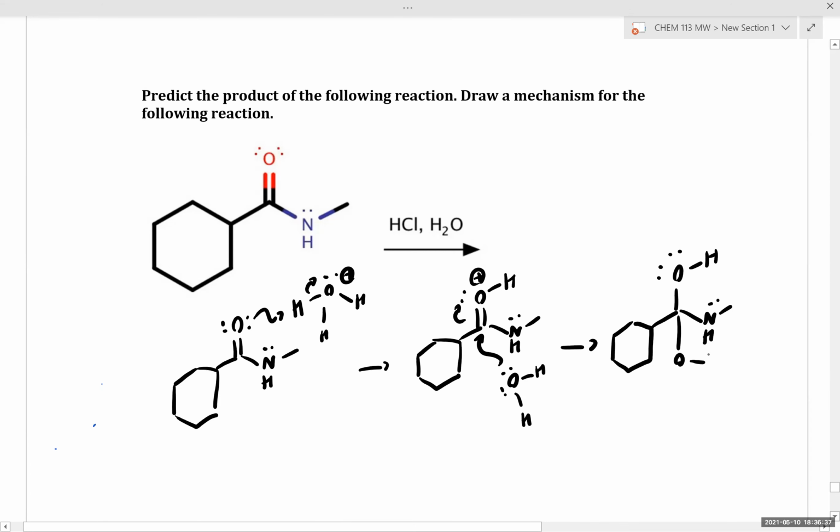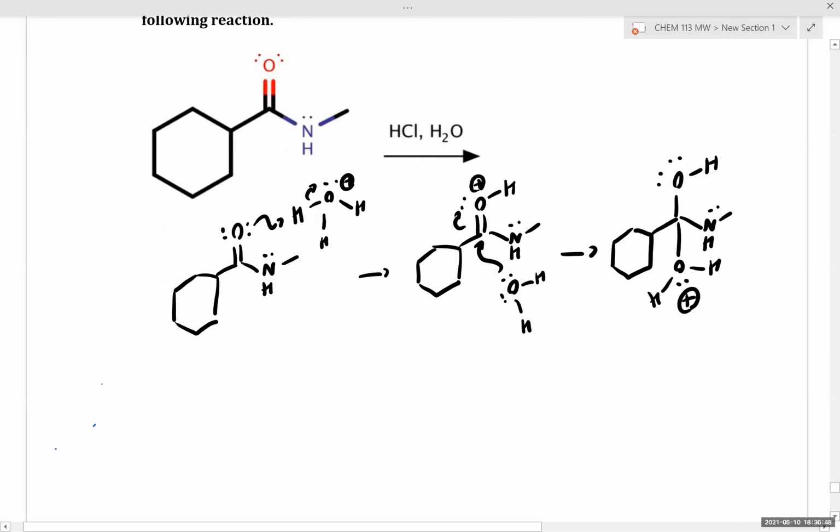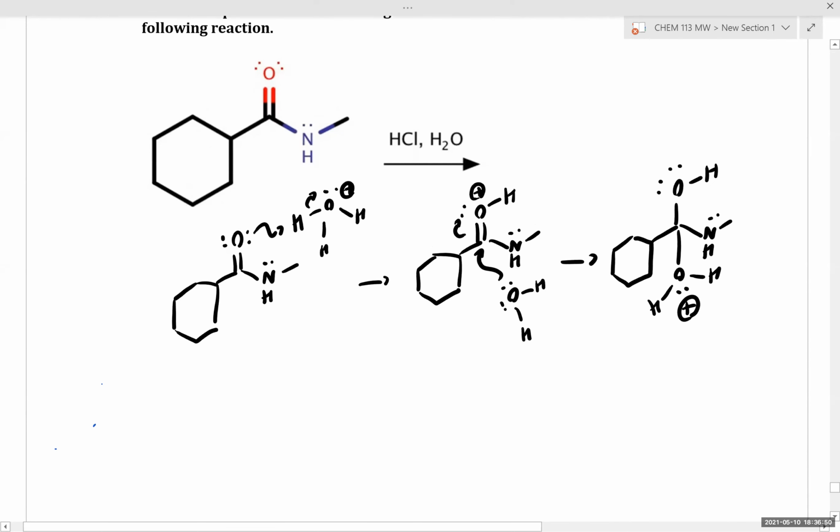And now this is where the students in the class can continue on with annotating the mechanism for this reaction. So we have this water adduct, we have this tetrahedral intermediate, and let's show the steps needed to activate our amine as a leaving group and how we prepare this substrate to generate our carboxylic acid product.